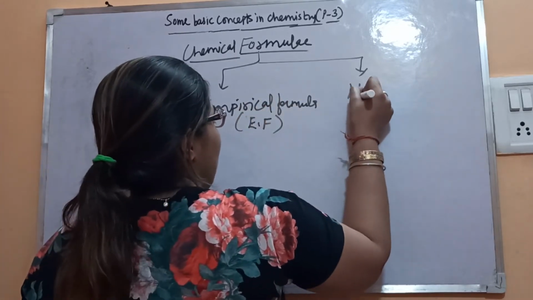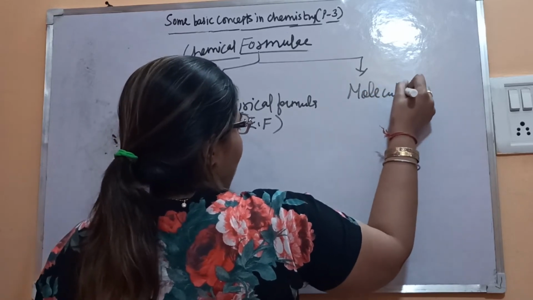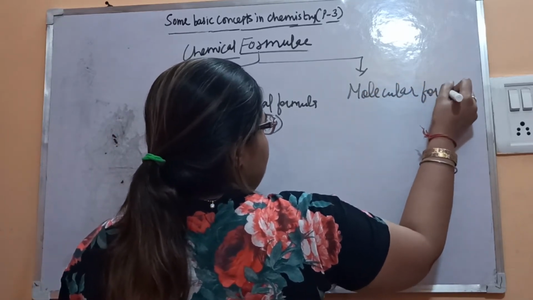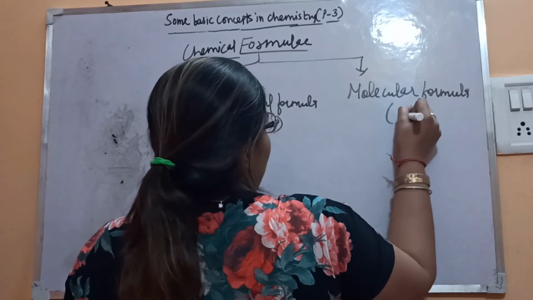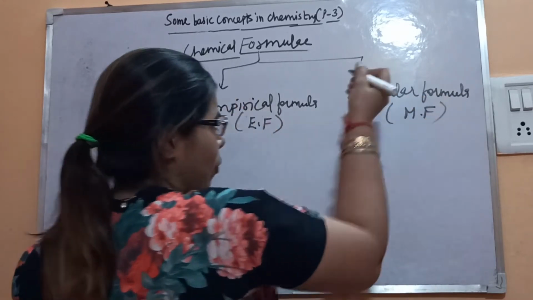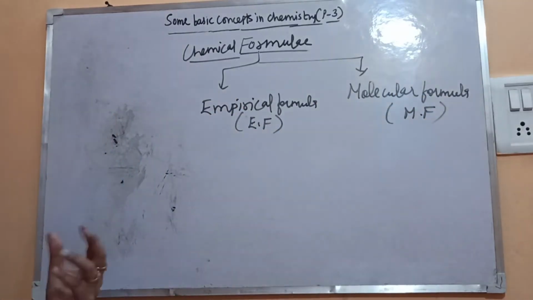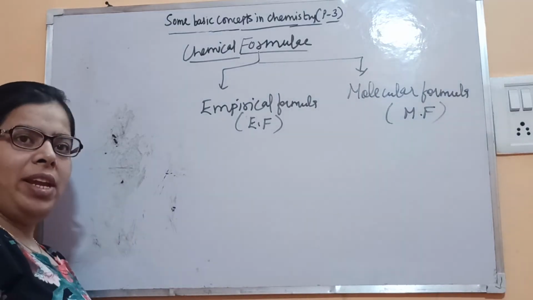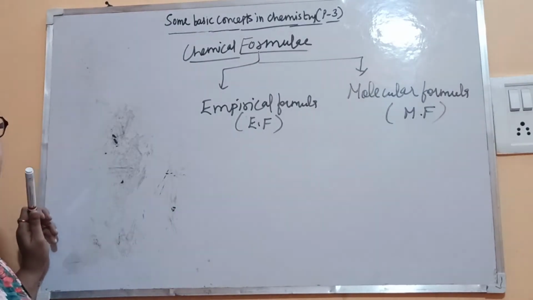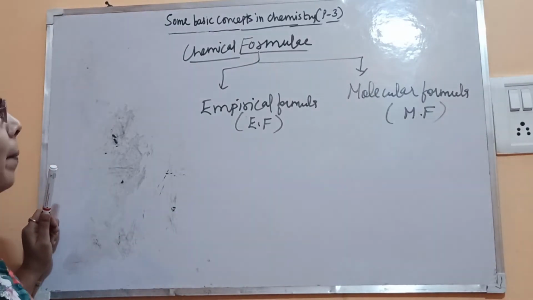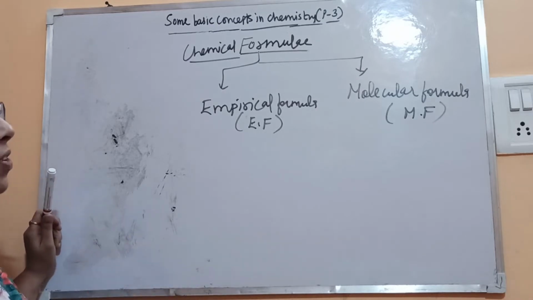And the second is molecular formula that you already know. Now let's learn what is empirical formula. Molecular formula we have seen right now: calcium carbonate, calcium sulfate. All these are the molecular formulas of the compounds. Okay. Now let's see what is the difference between the two.